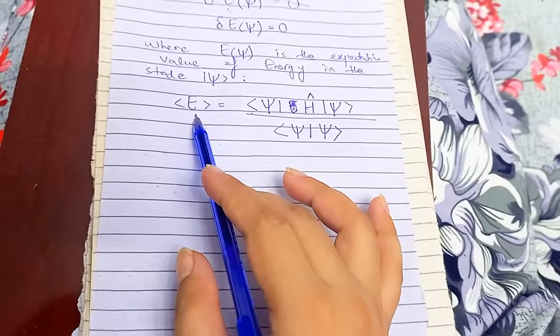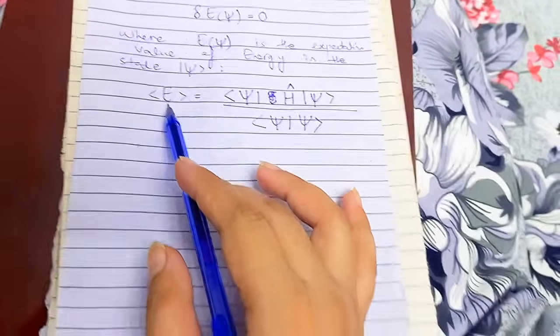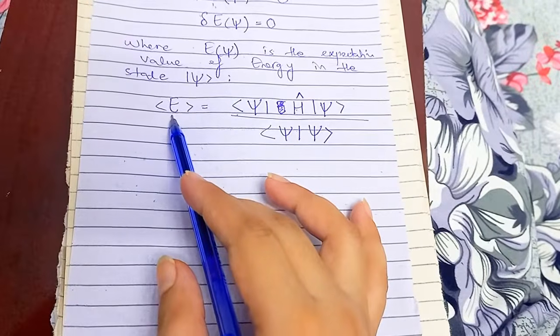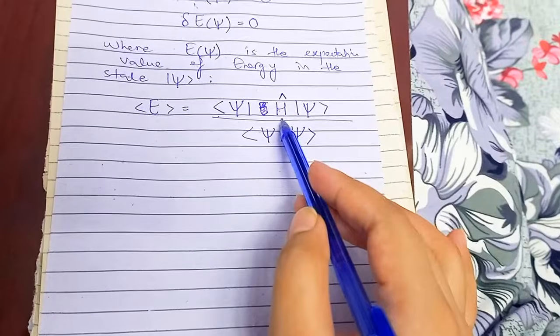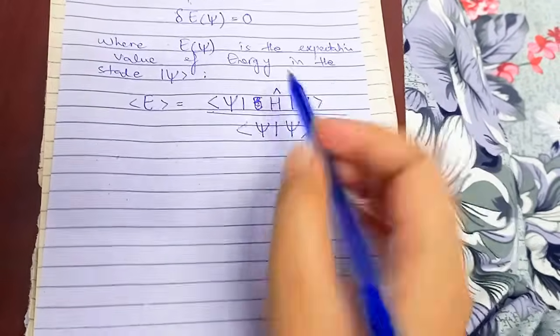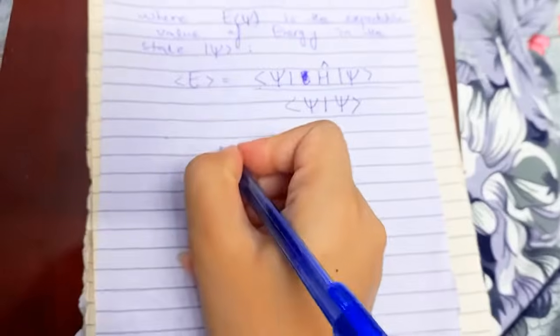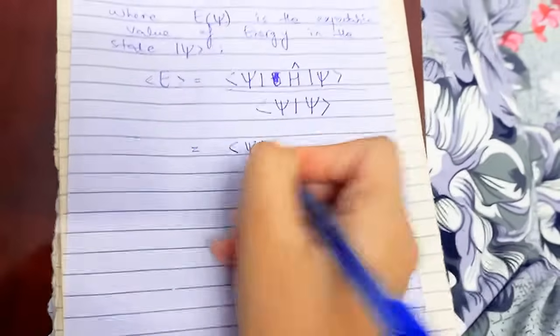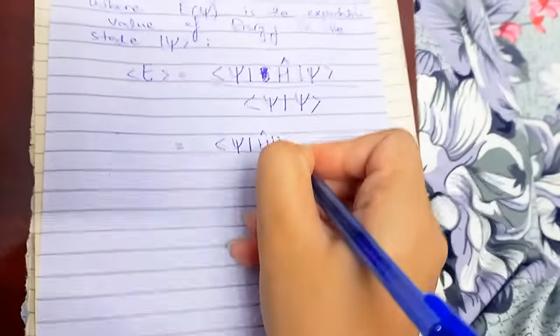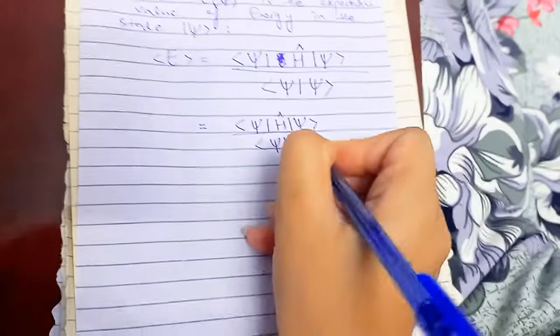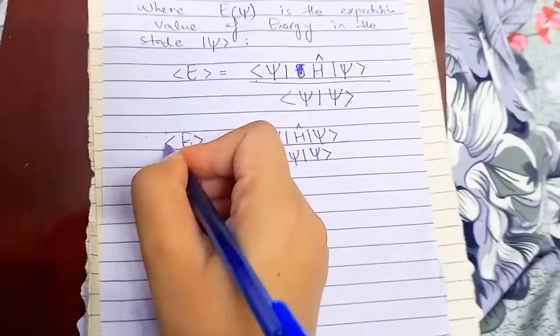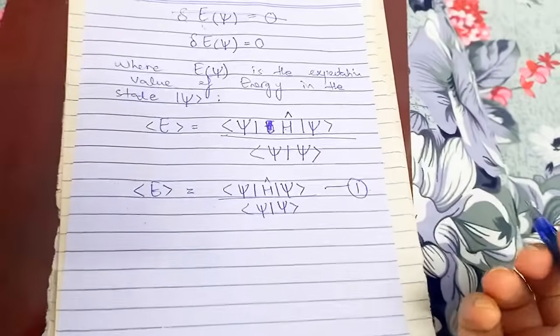Because we are interested in eigenvalues of energy, we wrote E here, and the associated operator that gives eigenenergies is the Hamiltonian, which is why we wrote H here. Let me write it again so that you know how to write it. This is the expression.